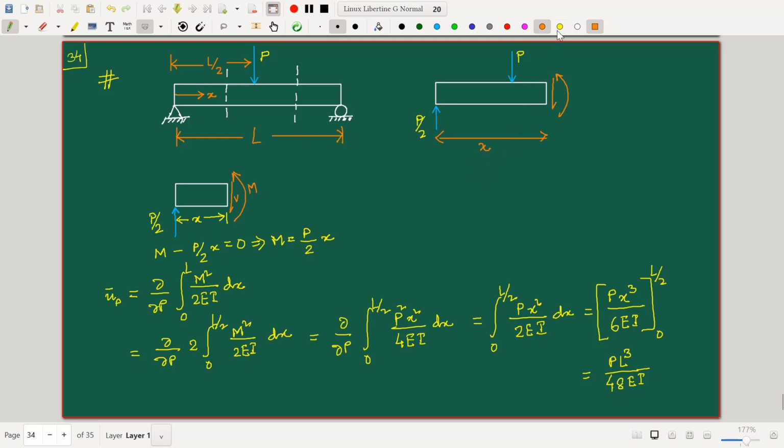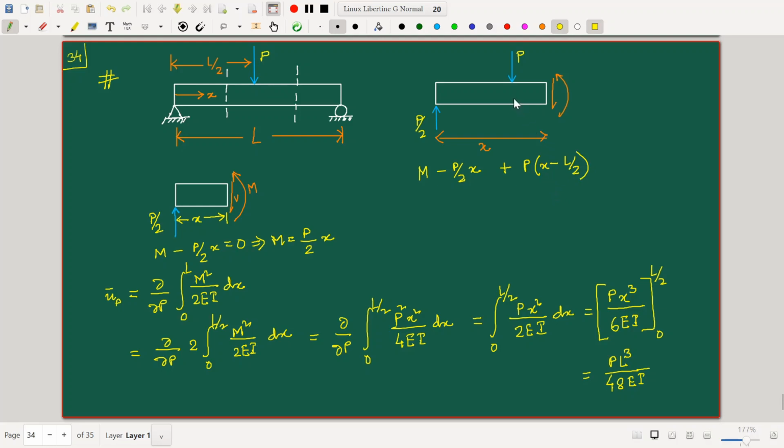Okay, so in what sense will it be different? It will be different because now m would be like this, with the contribution from here, the entire thing. But if we have to take the contribution from this P, it would actually be P into x minus L by 2.